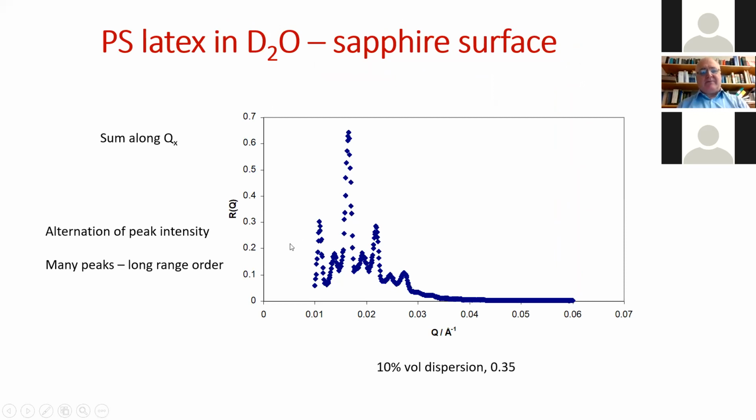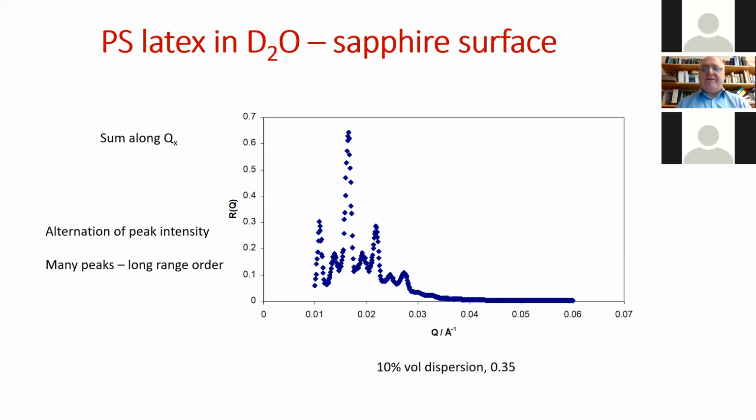This we can see just by taking cuts along here. This is telling us that actually over quite large areas, we're getting very uniform, uniformly oriented scattering. I will come on to that in a bit more.